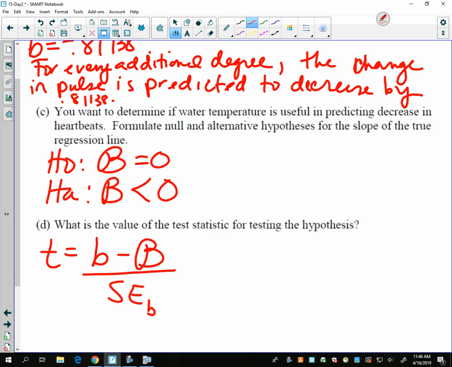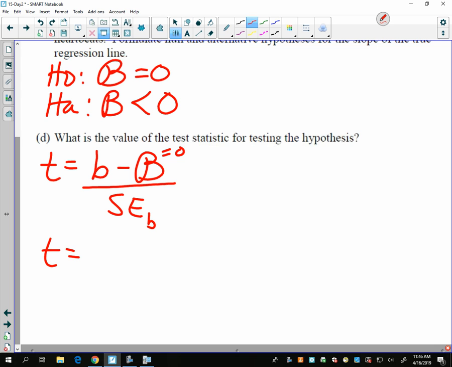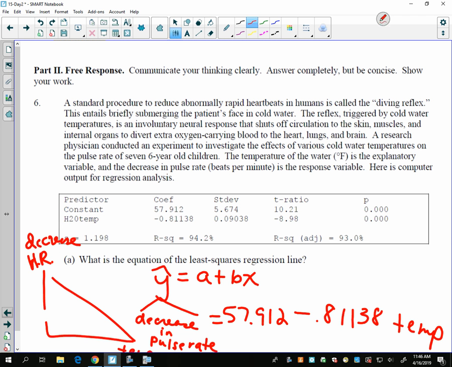Okay, so now this big B is always 0 here. Little b, what is little b? Negative 0.81138 minus 0, which I'm not going to put. Now, standard error of the slope, we got to look at our output.